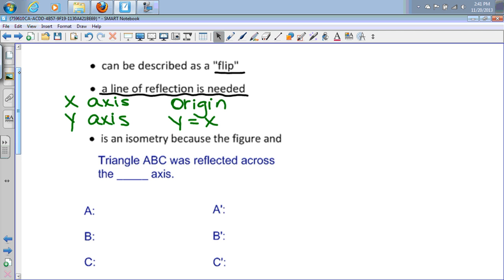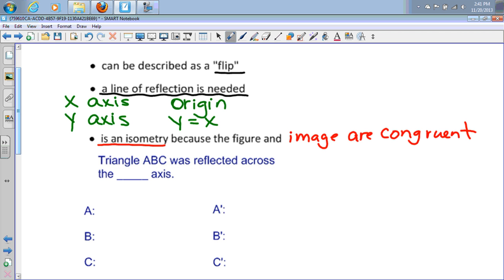Okay. Again, these will be isometries. There will be isometry because the figure and the image are congruent. Okay?